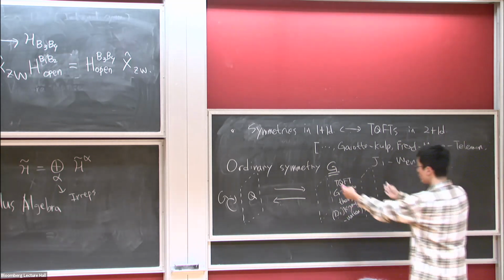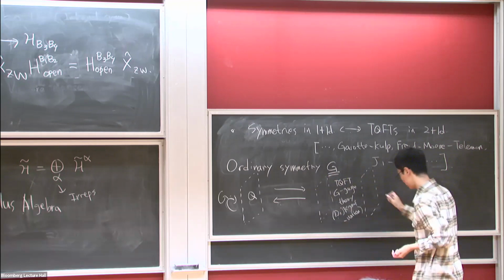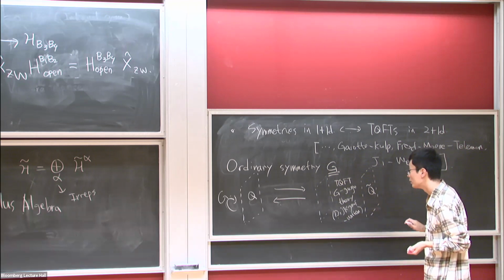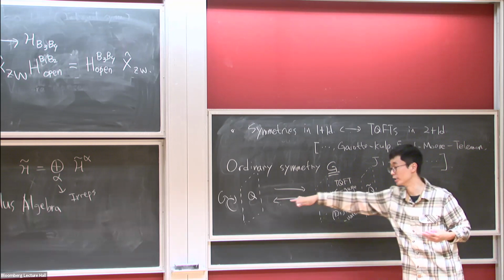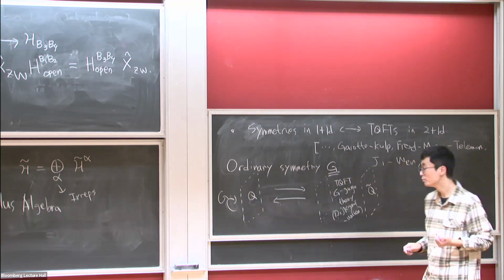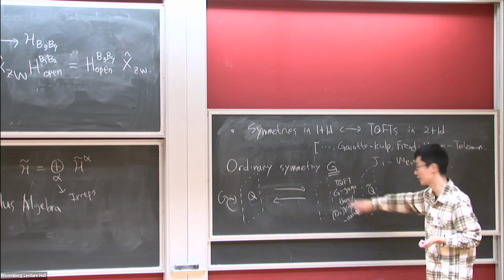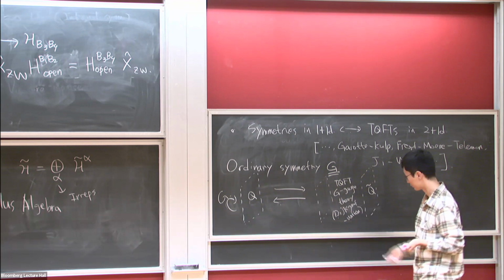And so this theory is put on an interval, so it has two boundaries. On one side of the boundary, the G gauge fields are freely fluctuating, and it's coupled to your original theory Q. So the G global symmetry of Q in 1+1D is gauged on this side, where the gauge field lives in the bulk.